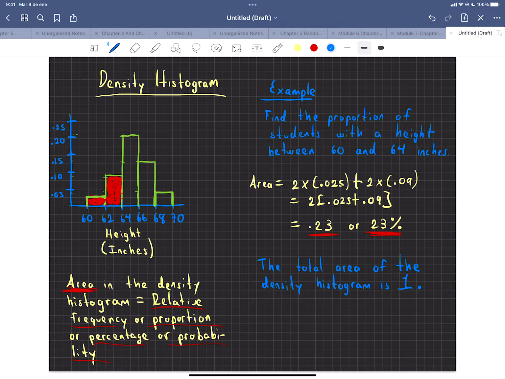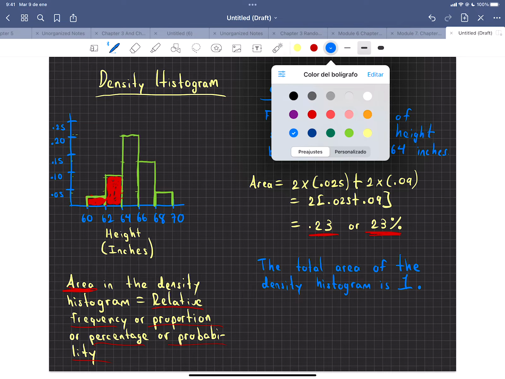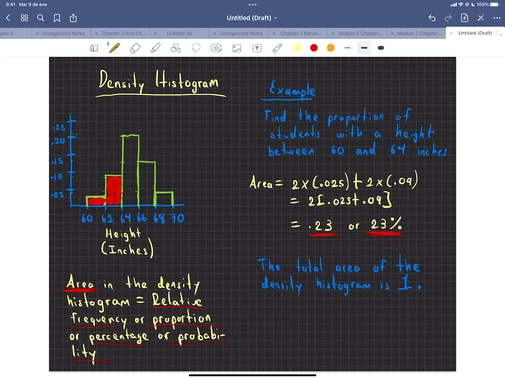Now, I wanted to pay attention to something else. Notice what happens if I try to join, let me use another color, the midpoint at the top of every rectangle. Here, here, here, here, and here. Now join those points with a smooth curve, starting from here. You see that?